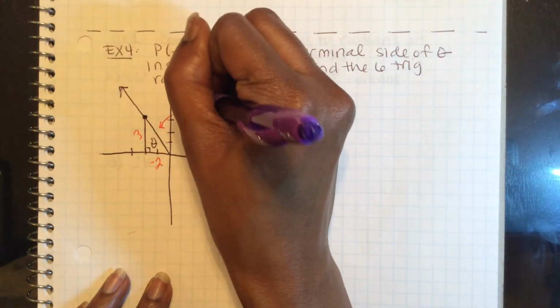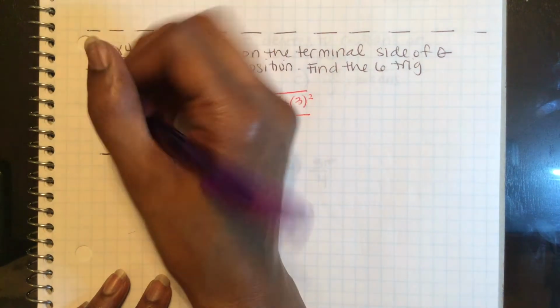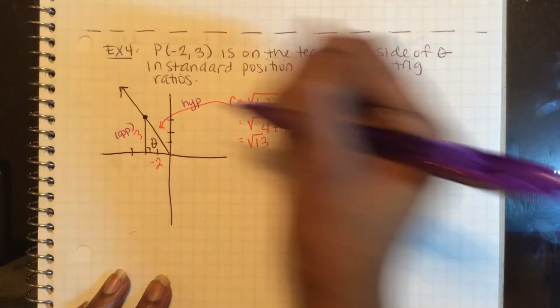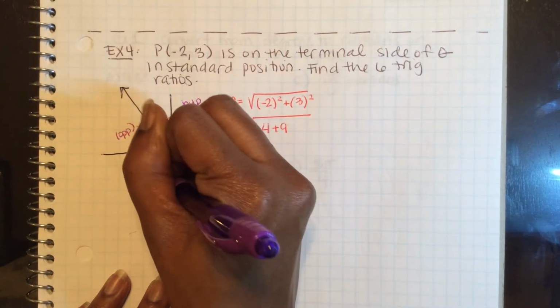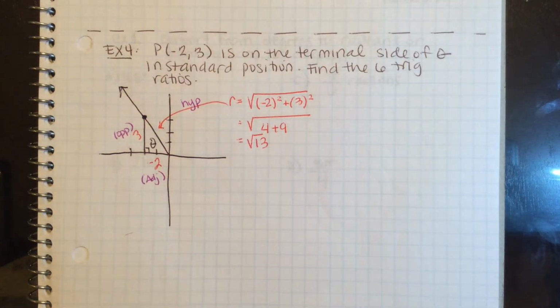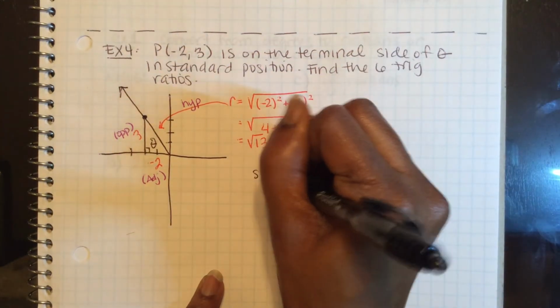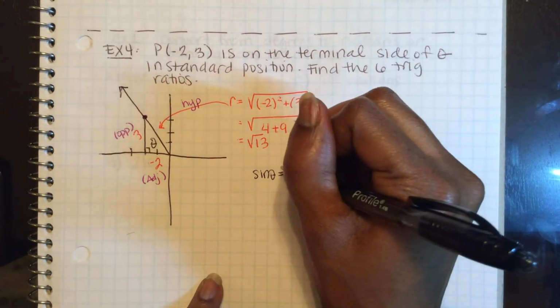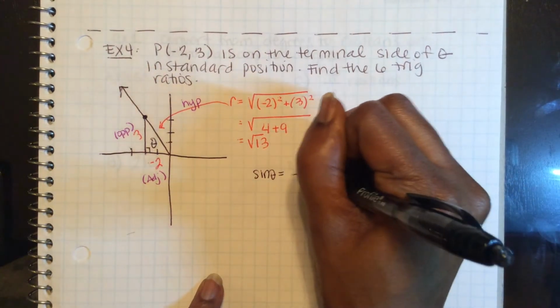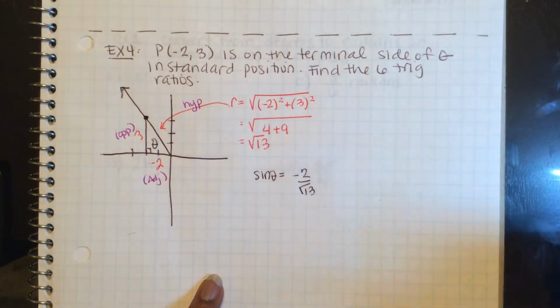This is my hypotenuse. Remember, your y is always your opposite, and your x is always your adjacent. So now that I have this labeled, I can find my 6 trig ratios. Sine theta is x over r, -2 over square root 13.